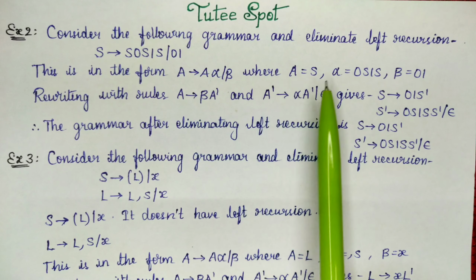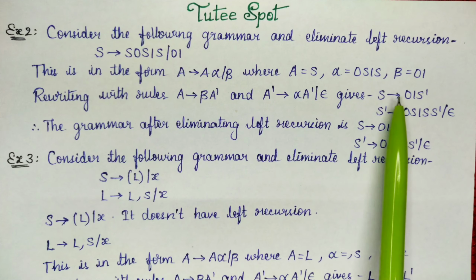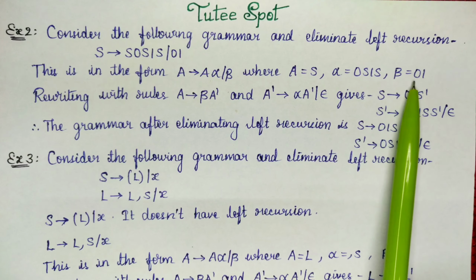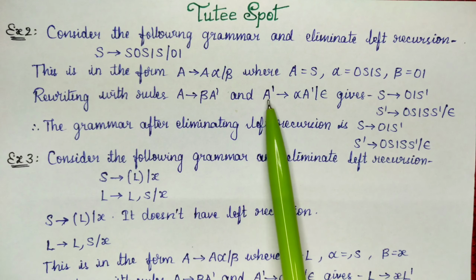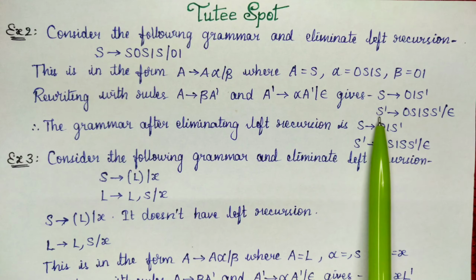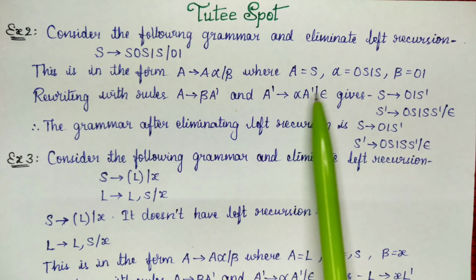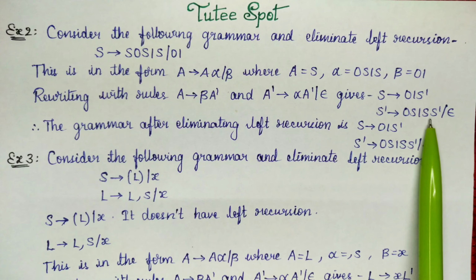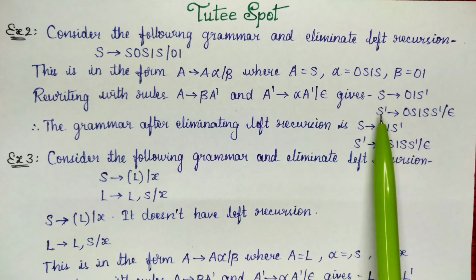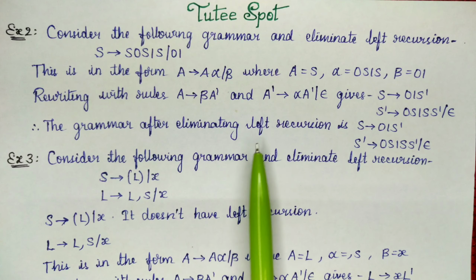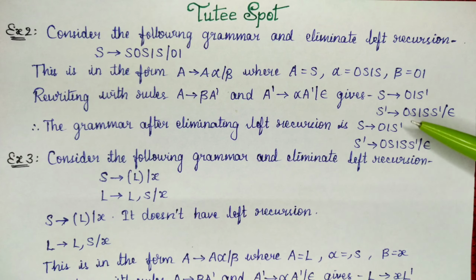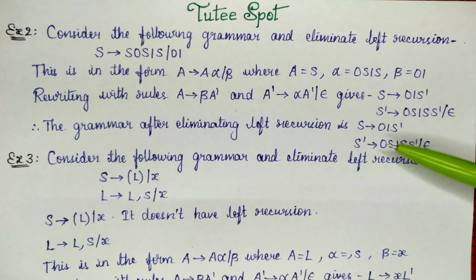So A means S produces, beta means 0, 1 and A dash means S dash, and then A dash means S dash produces, alpha means 0S 1S and A dash means S dash or epsilon. So the grammar after eliminating the left recursion is S produces 0, 1 S dash and S dash produces 0 S 1 S S dash or epsilon.